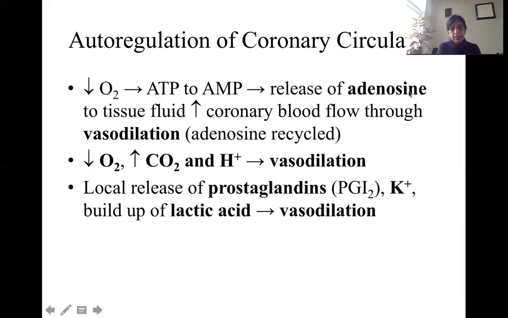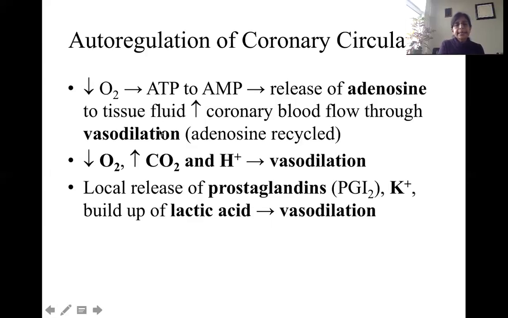Okay, you're using more ATP energy, but you're not able to make more ATP because you don't have much oxygen to use in aerobic pathways. All right, so with that, we have more adenosine in the local blood circulation. That's an indicator for vasodilation locally.